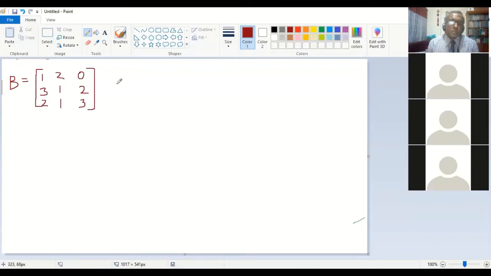So at the beginning I want to find determinant value of B, because this is also necessary for 3 by 3 matrix. Every matrix we need to find the determinant value first. So how you will calculate the determinant value for this 3 by 3 determinant?